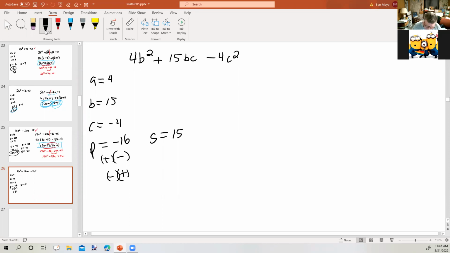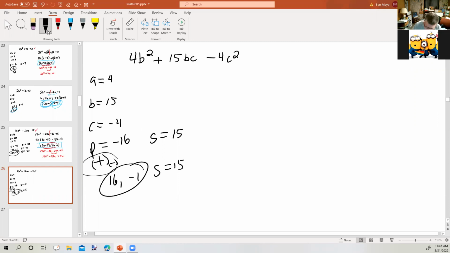So the bigger number has to be positive. So what I'm looking for is a big positive and a little negative. Okay. So in that case, I'd start out with 16 and negative 1, as opposed to negative 16 and 1, because that doesn't fit what we've already established by looking at the signs. Oh, well, guess what? There it is. 16 times negative 1 is negative 16. 16 plus negative 1 is 15.